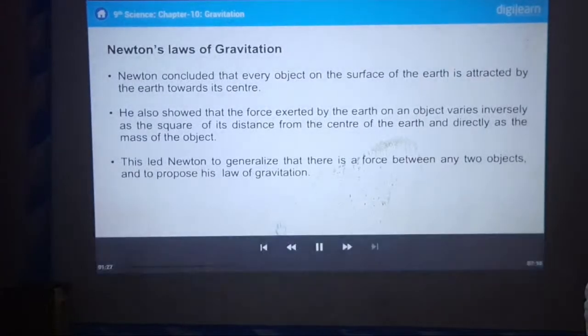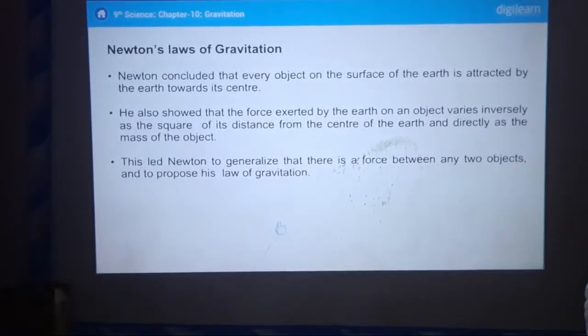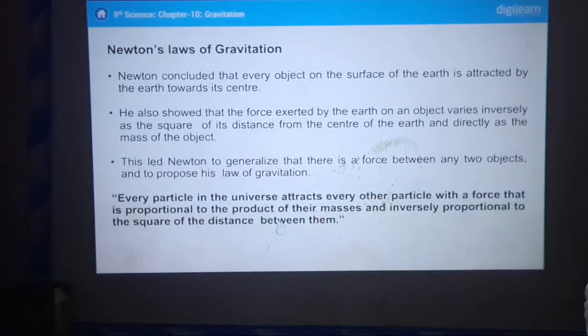This led Newton to generalize that there is a force between any 2 objects and to propose his law of gravitation. Every particle in the universe attracts every other particle with a force that is proportional to the product of their masses and inversely proportional to the square of the distance between them. This force acts along the line joining the 2 particles.